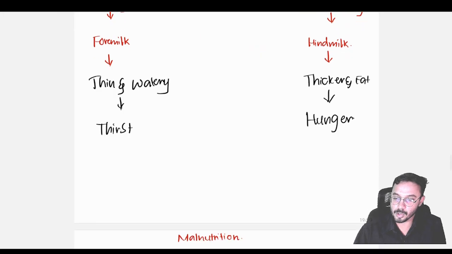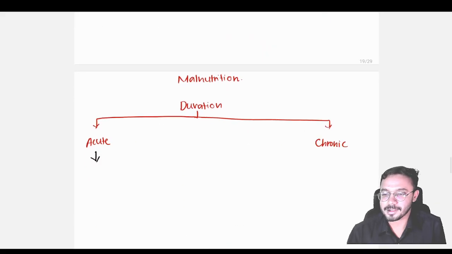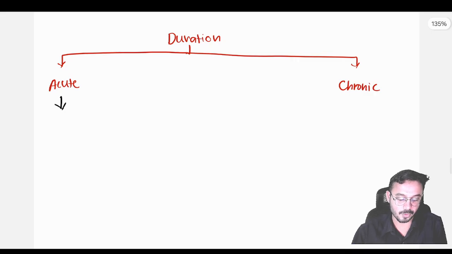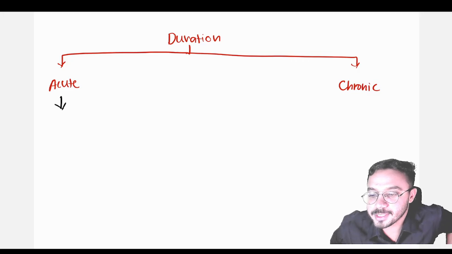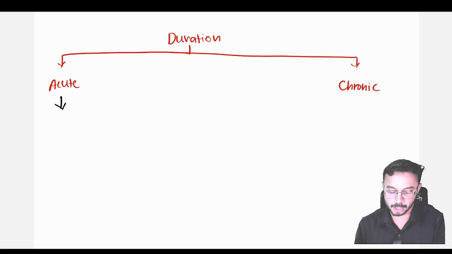And next, one more very, very important topic for your exam is malnutrition. You should know each and every concept about malnutrition very carefully. So let us discuss the malnutritional aspects in this slide. Remember, malnutrition by duration is of two types: acute malnutrition and chronic malnutrition.